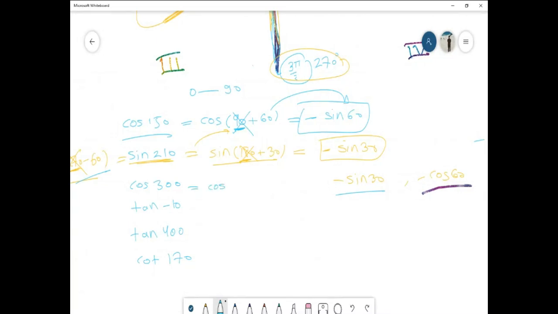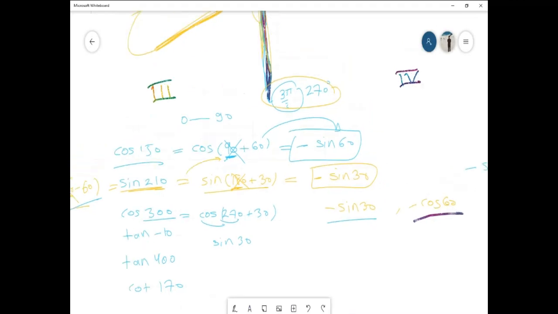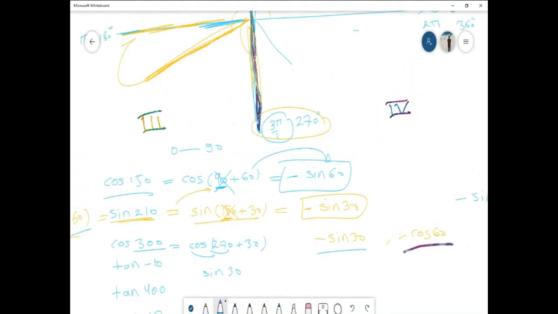Let me solve these terms, but I will solve this using one boundary. One boundary is enough. Cosine 300, I can write as cosine 270 plus 30. 270 is dangerous.